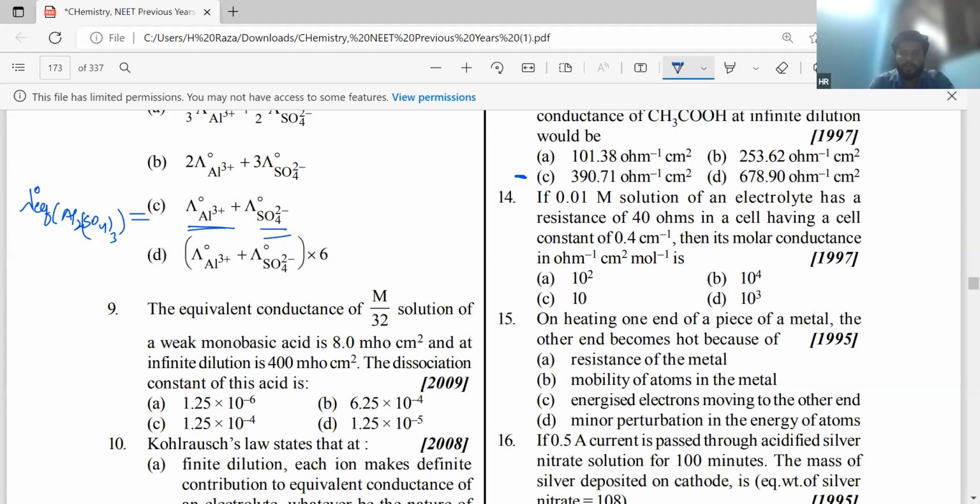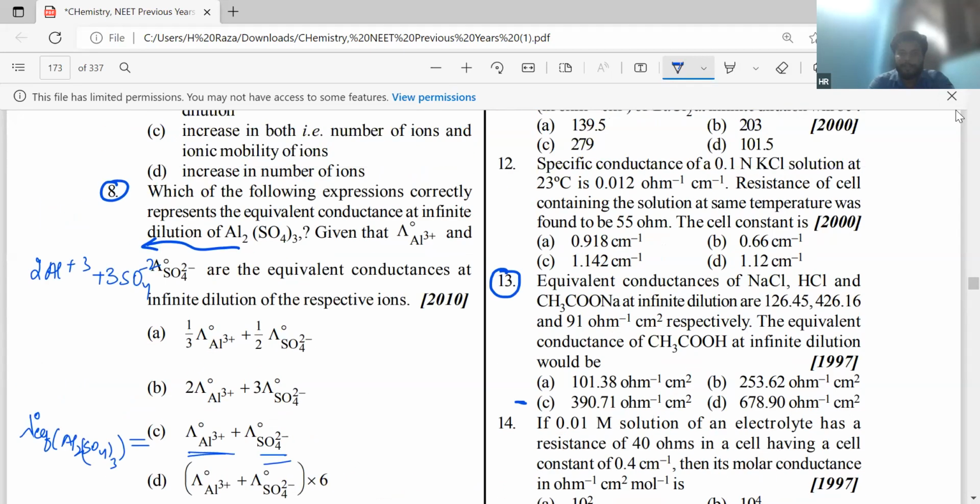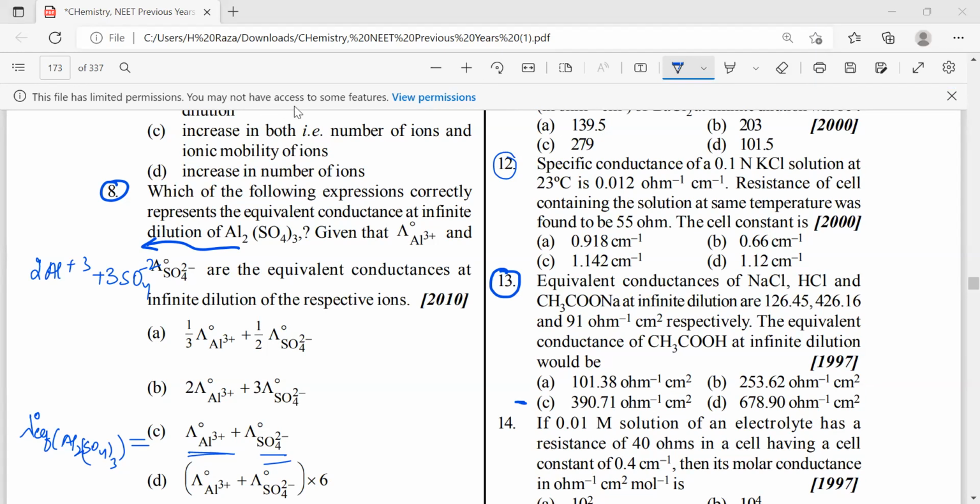Now I want you to do some more questions. Please do question 12. It is basically based on your conductance, conductivity and all.